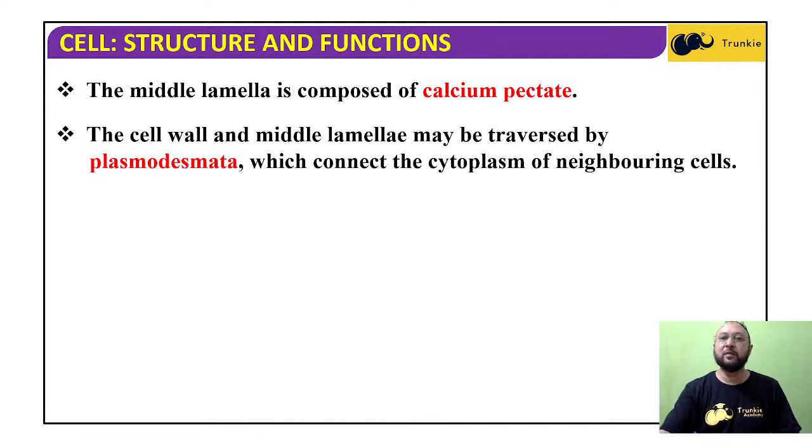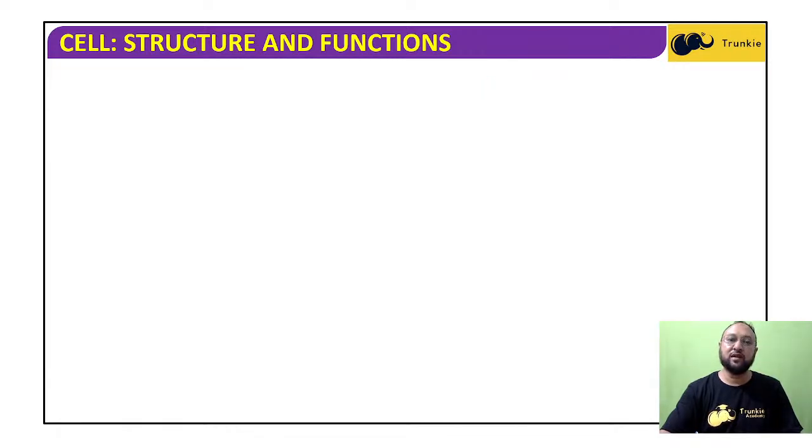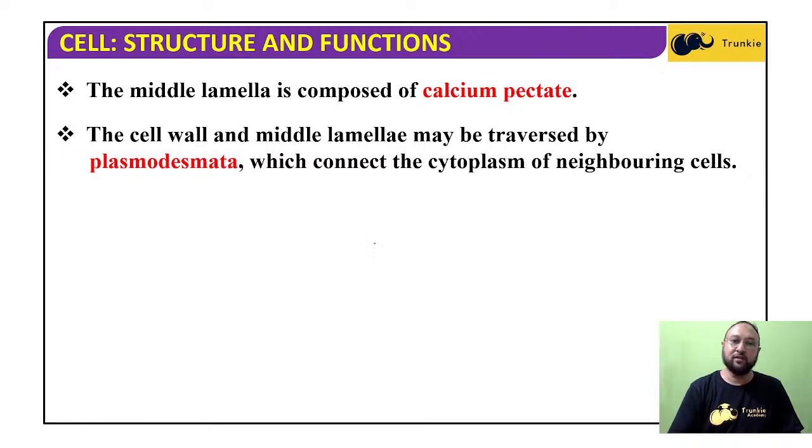The cell wall and the middle lamella may be traversed by plasmodesmata, connecting threads, that I showed you in the diagram. They connect two adjacent cells through the cell wall; the plasmodesmata connects the cytoplasm of neighboring cells. I will show you the diagram. There is communication between the two cells.